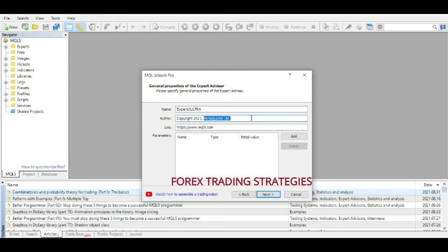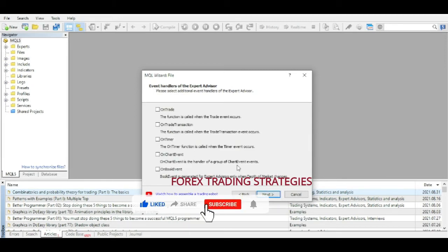You can put in your name there. Let's put in George, George, who made Ultra at www.george.com.